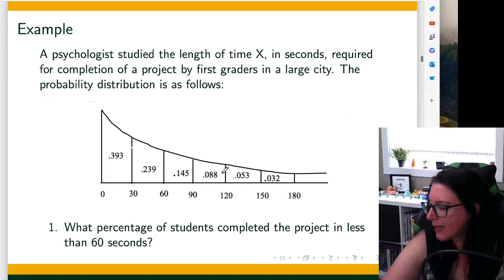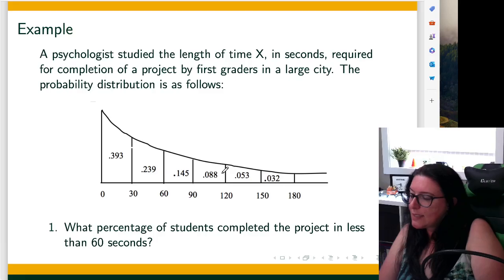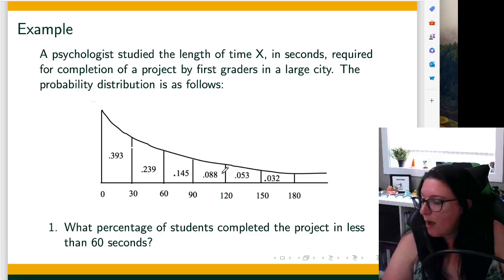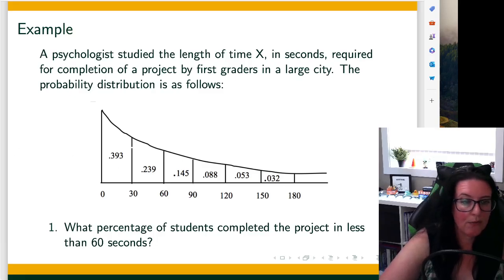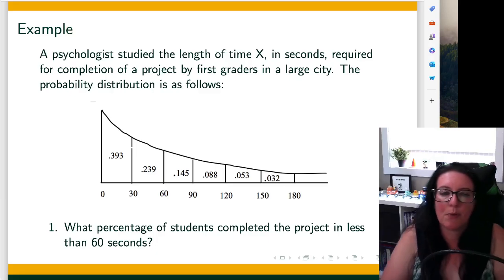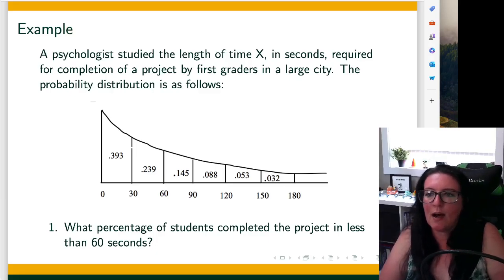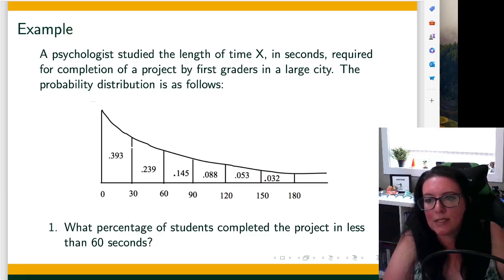All right, let's look at an example here. A psychologist studied the length of time in seconds required for completion of a project by first graders in a large city. The probability distribution is as follows.